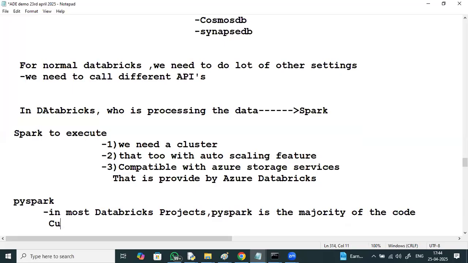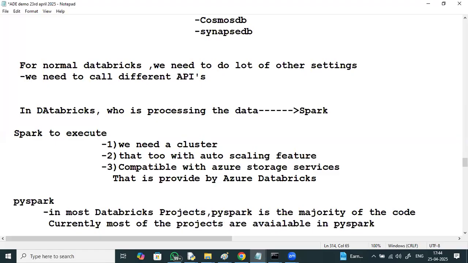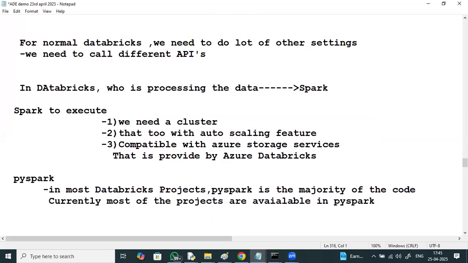Currently most of the projects are available in PySpark. Currently industry is taking two separate developers: for Databricks, a separate developer, and for ADF, a separate developer.